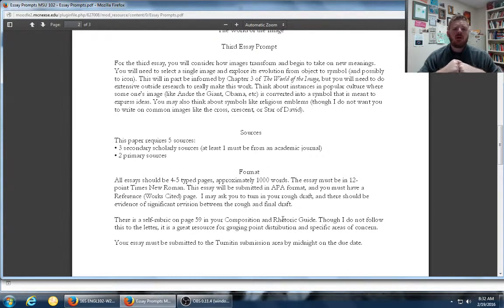And a good example of that is the cross. That's something that almost everybody interacts with. Now the cross is simply 2 lines that intersect. That's all the cross is. But what it's become is a symbol of a number of things. Either you see it as a plus sign or the letter T, or it was a torture device, and in the ancient world, Romans used it to torture rebels.